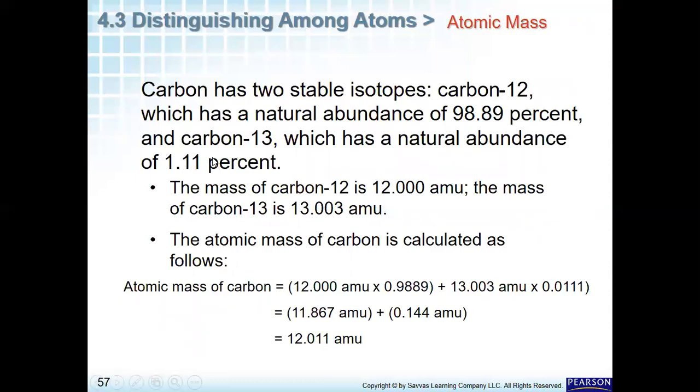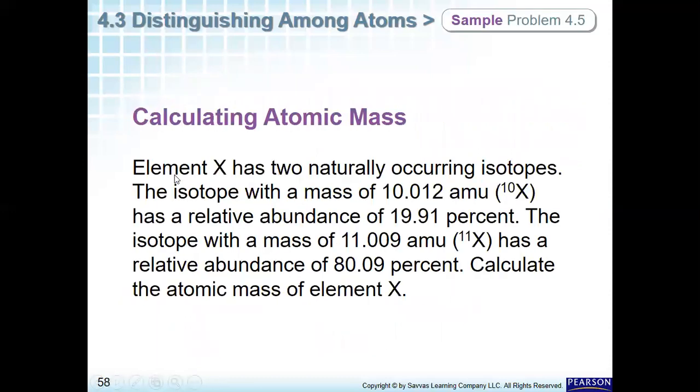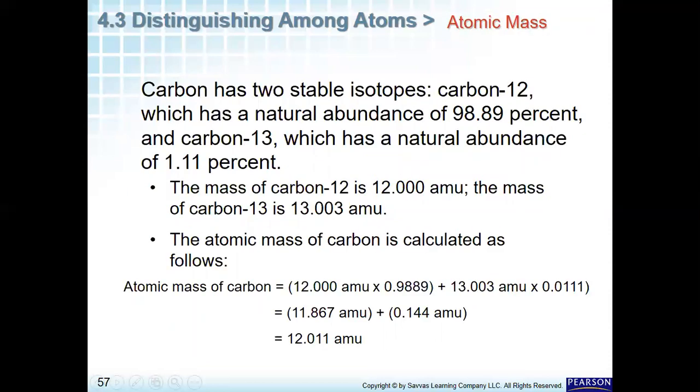If I want to calculate the average mass for them, I take the mass of carbon 13, which is 13, times its percent in decimals, 0.0111. So 13 times 0.0111. On the other side, 12 times 98.89 divided by 100 because I want it in decimals, so 12 times 0.9889.